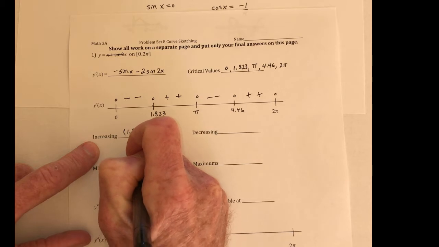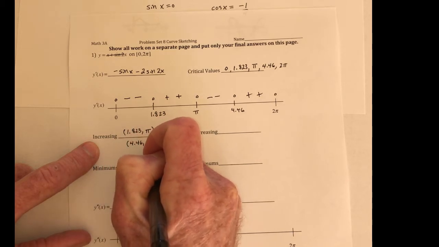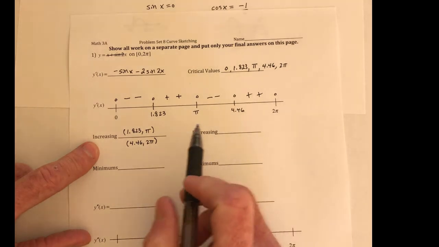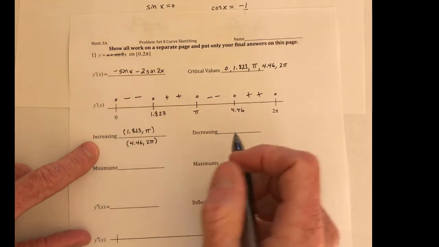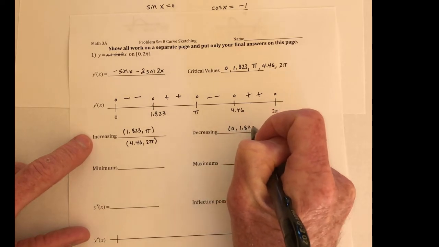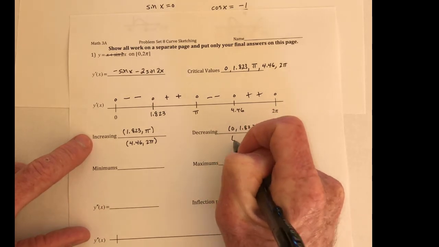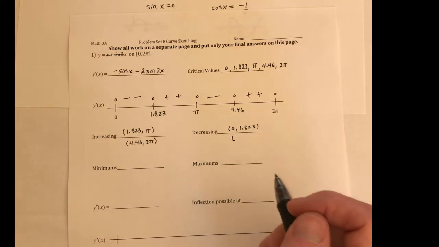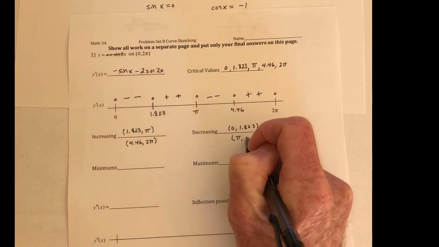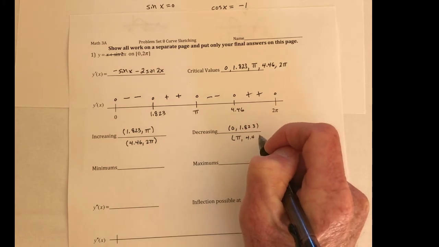So 4.46 to 2 pi. And then for decreasing, that's going to be this interval. So from 0 to 1.823. And then decreasing also from pi to 4.460.